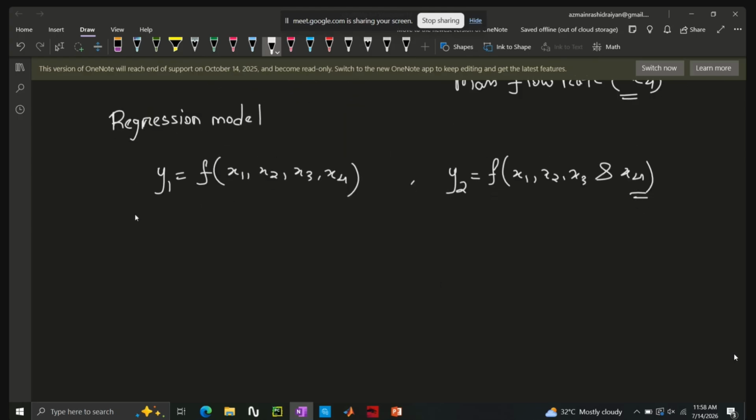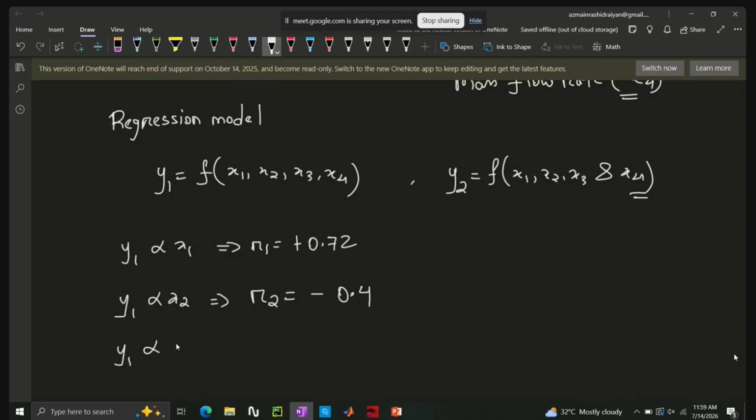Let's say you have done a statistical analysis and when you are correlating y1 and x1, you have found a correlation coefficient of, let's say, plus 0.72. When you are correlating y1 with x2, you are getting a correlation coefficient of, let's say, minus 0.4.